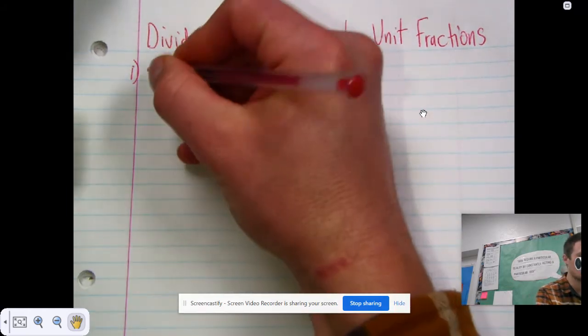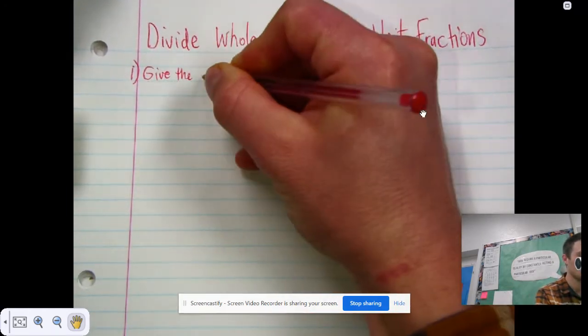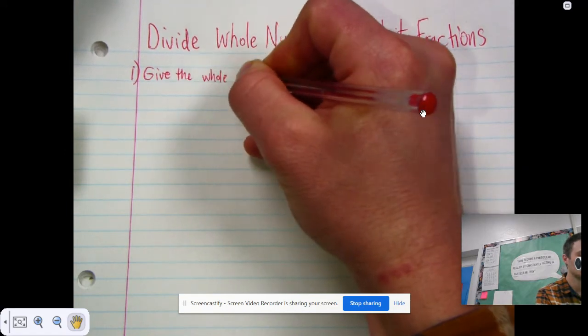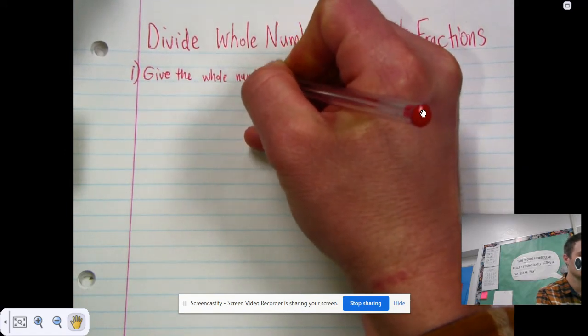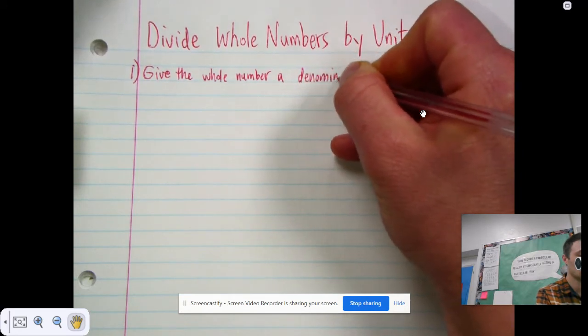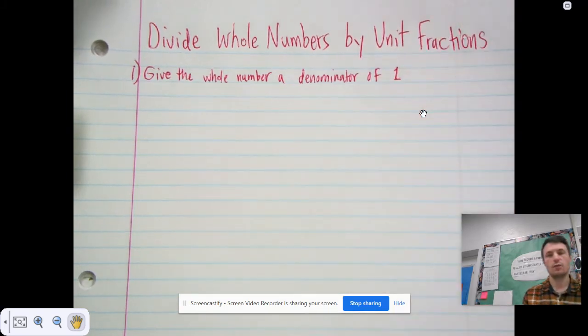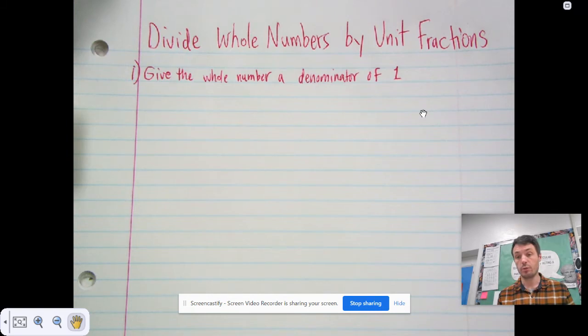The first step is give the whole number a denominator of 1. Now, this doesn't change the value of the whole number. It just puts it in a fraction form.